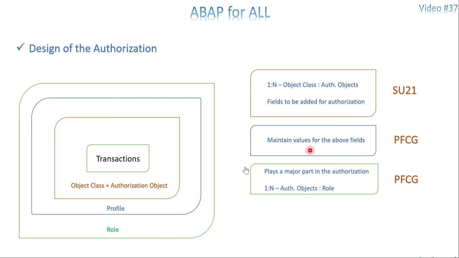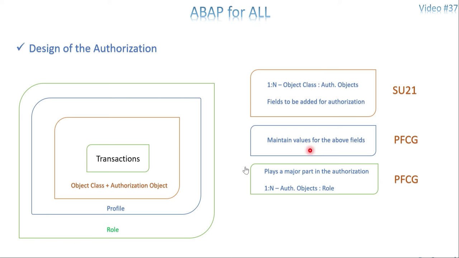In a role, one authorization object can be mapped with more than one role. For example, we create a role for finance, and we are working on 3 different projects, so we use 3 different roles.